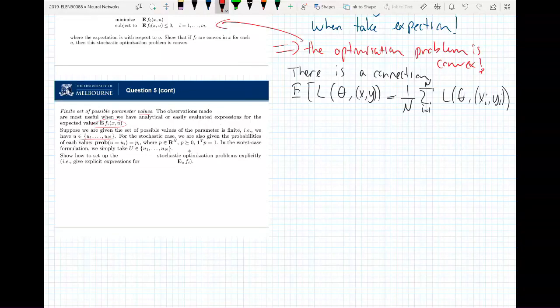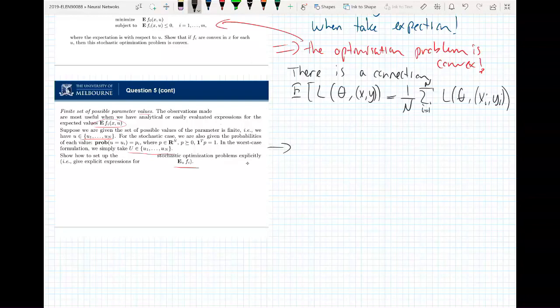And then, instead of having the probability distribution over U, we have the data set, and then we can write the probability. We can set up the stochastic optimization problem explicitly in terms of the expectation over U. How can I do that? I can do it this way. So there is this connection, and actually the whole story is as we have discussed.